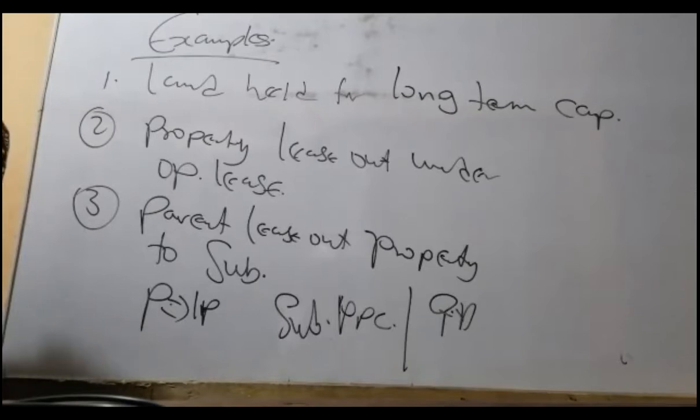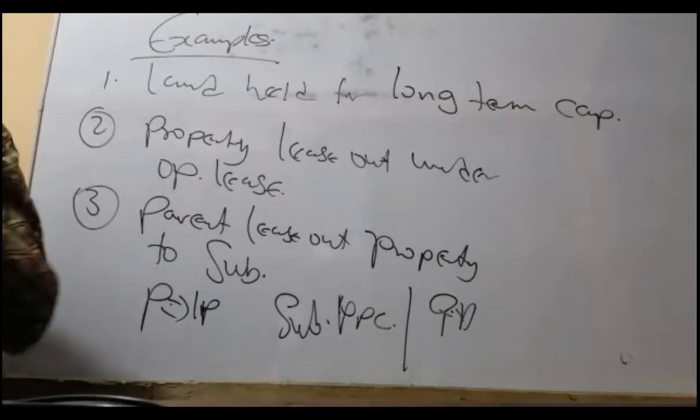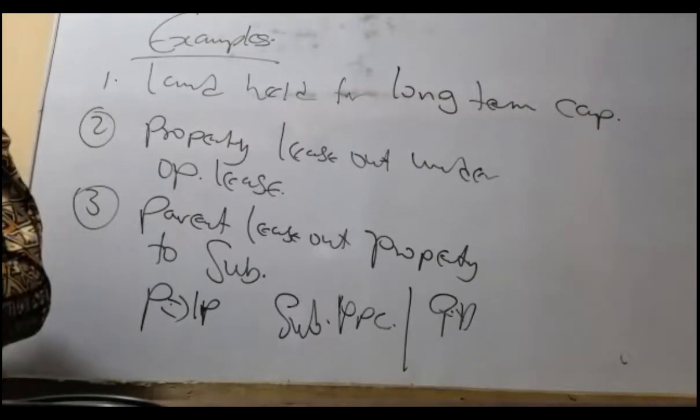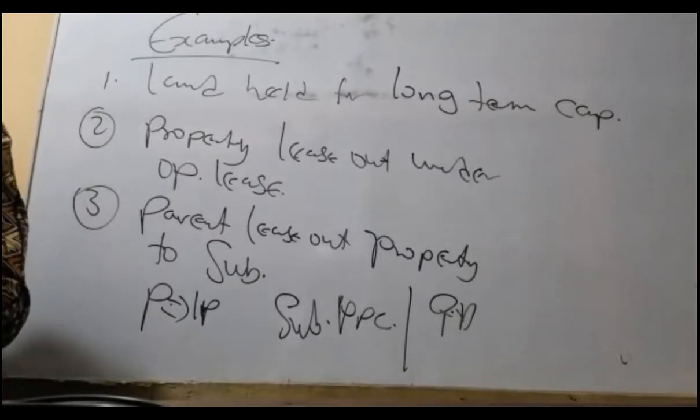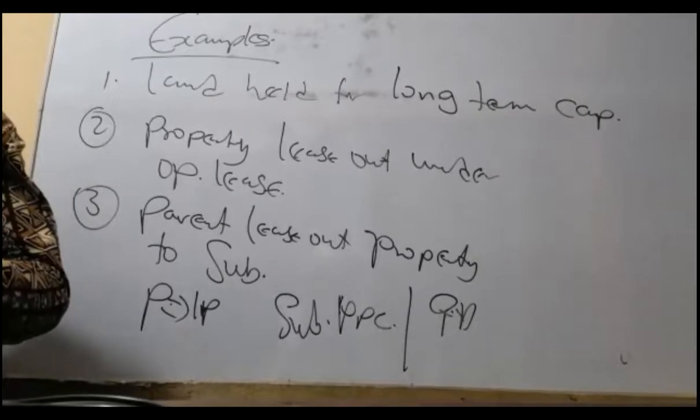Good. Now let's go to measurement. There are two types. What are they? Initial measurement and subsequent. Initial measurement is also the same as IAS 16. It must be at cost. Here the cost includes the three costs that we saw. Just that not all the costs that are valid in PPE will be valid here, because this one deals with land and building.